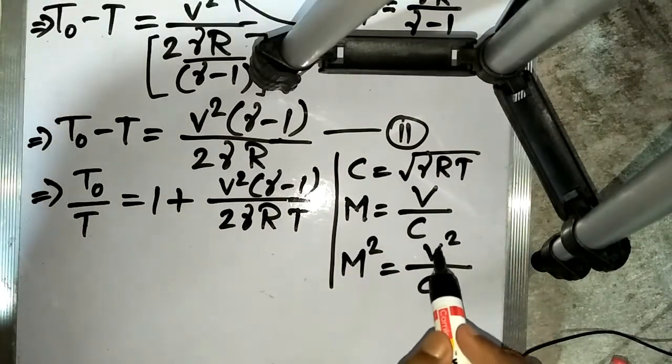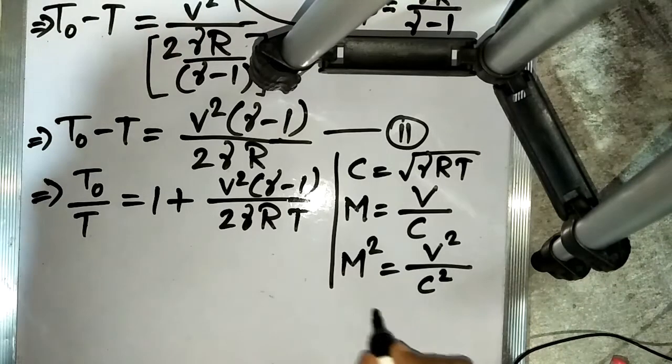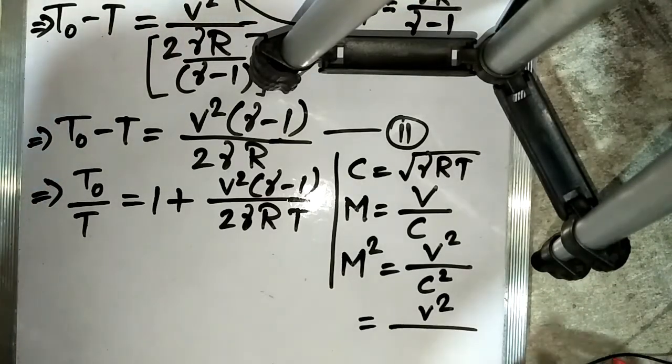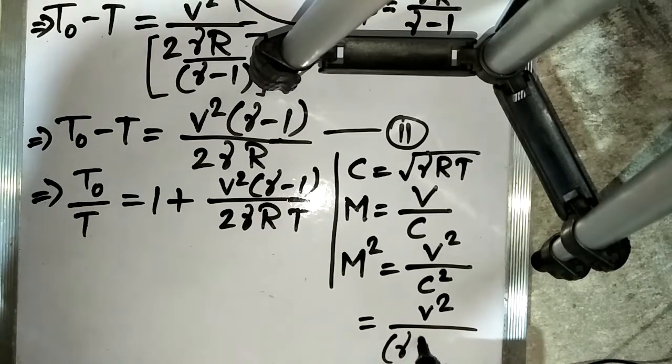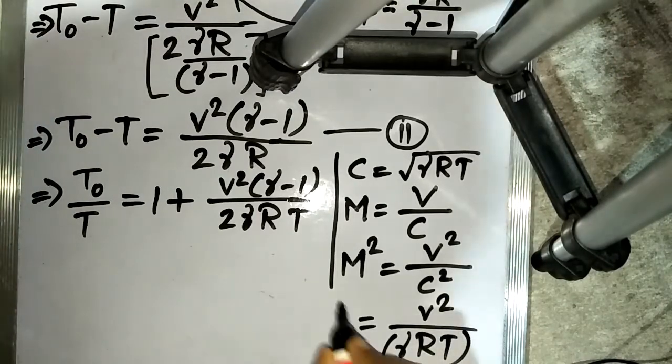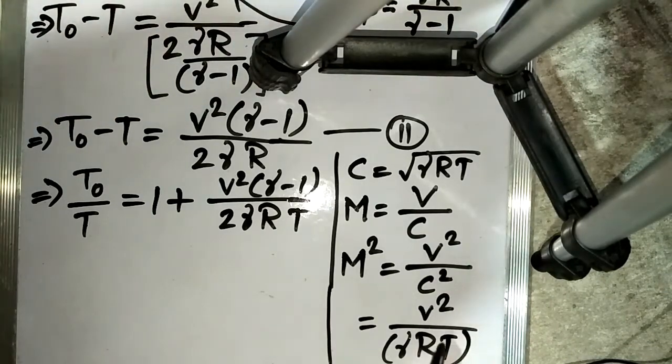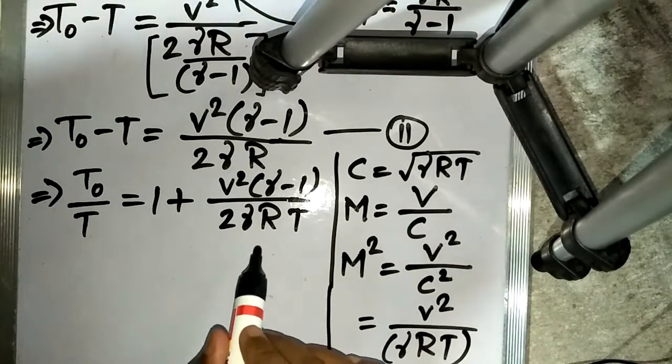So M square equals V square by c square, and the value of c square is gamma RT. Now we are going to substitute this value into this equation.